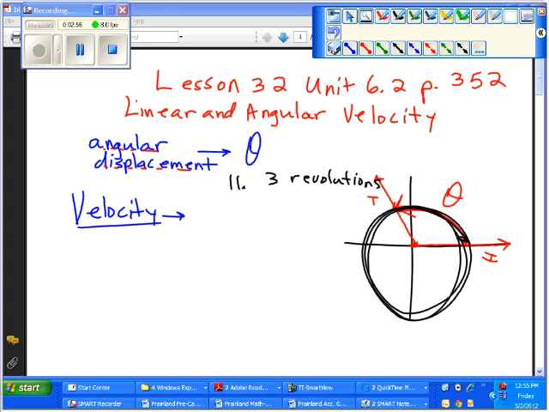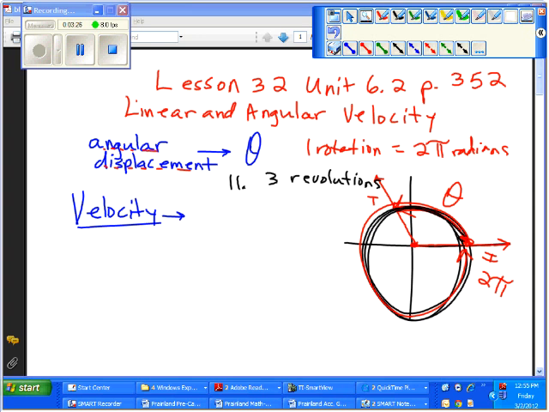Well, first of all, in rotations, we know that one rotation is how much? How much is a rotation in terms of pi? It's 2 pi, right? A circle's 2 pi in radians. So one rotation is equal to 2 pi radians, correct?